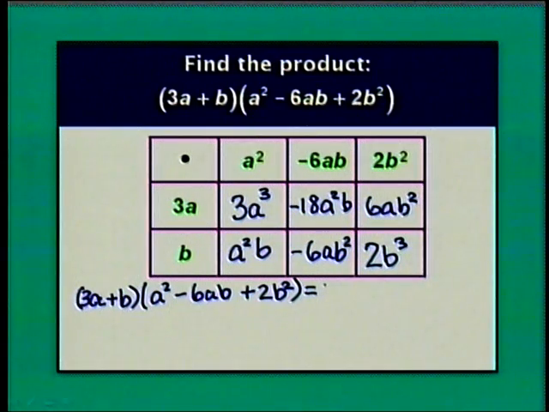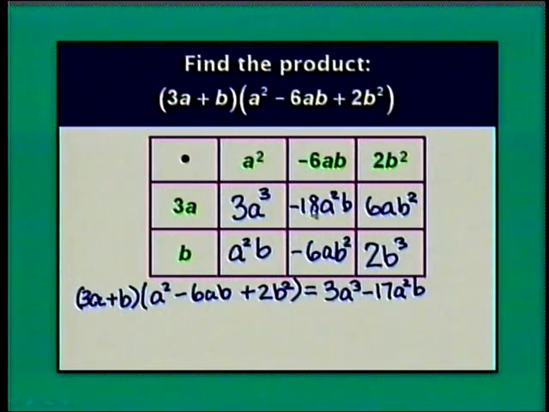So I'm just going to write that down, 3a cubed. Working down this first column, a squared b, well, that does have a like term. Negative 18a squared b and a squared b are like terms, so I can combine these two. This gives me negative 17a squared b.